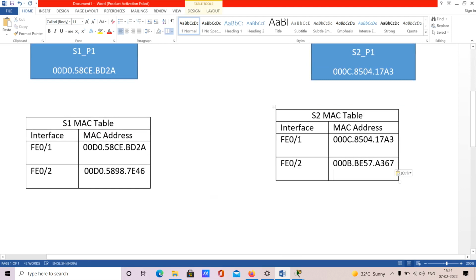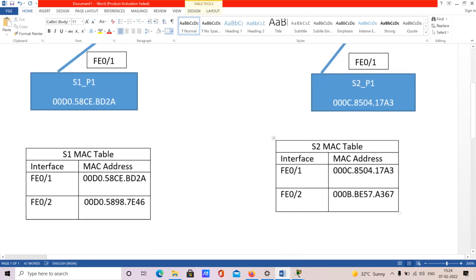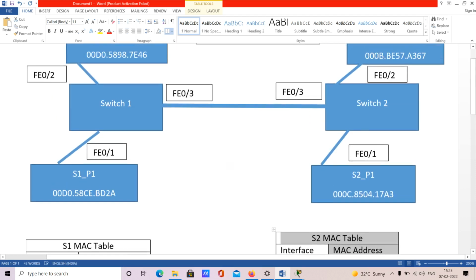Fine. So these are the respective entries of S1 and S2. S1 का मैक टेबल ऐसा होता है और S2 का मैक टेबल इस तरीके से होता है as per the topology what we have seen.